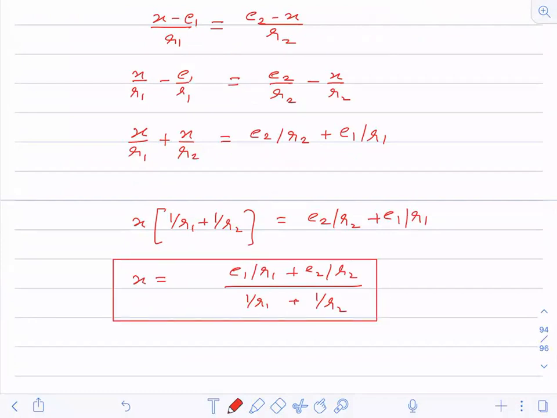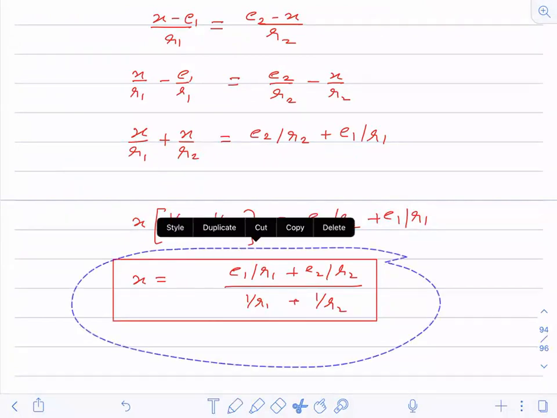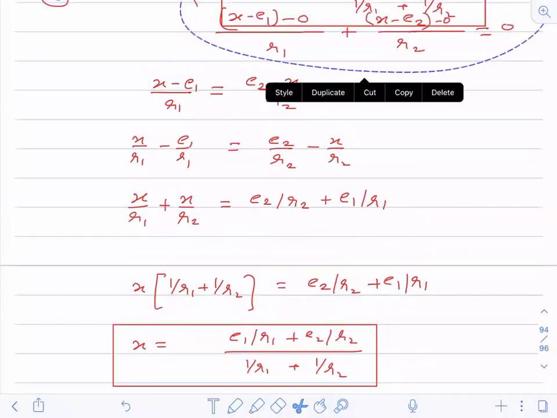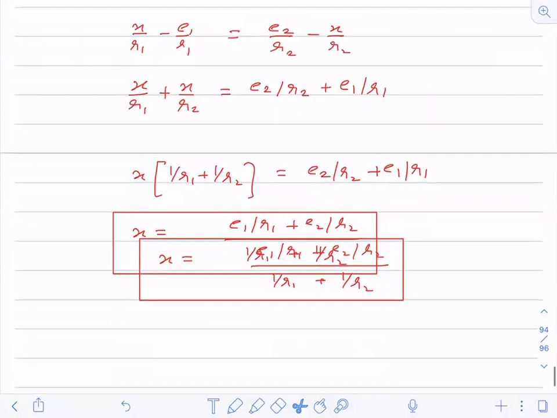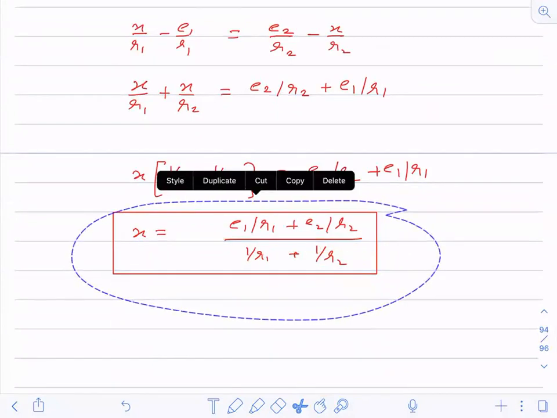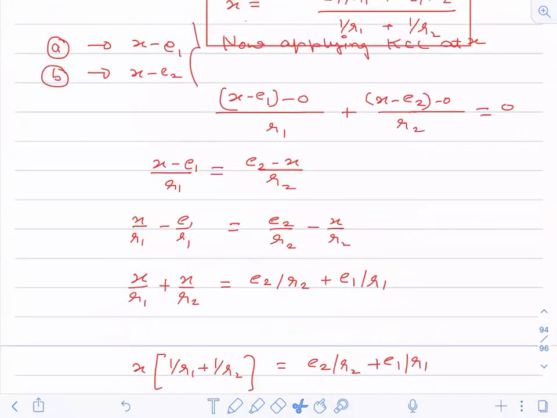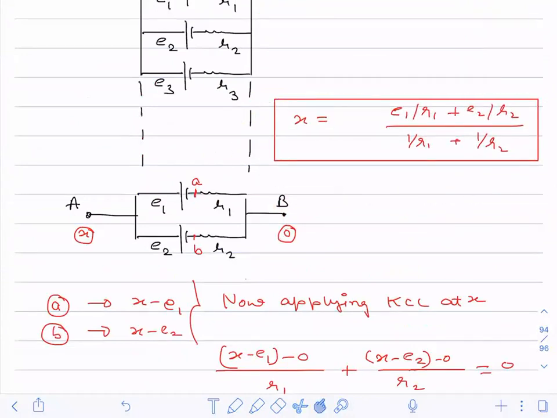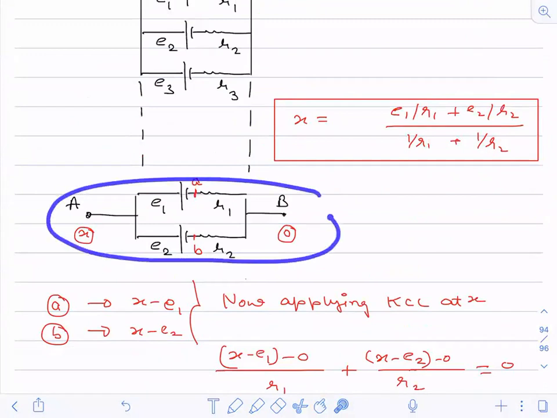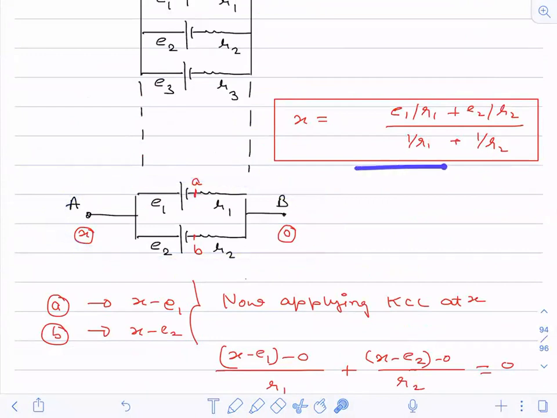Now if this is the value of X, just see here in the figure that I have two cells and I got the value of X. What is the potential difference across AB?